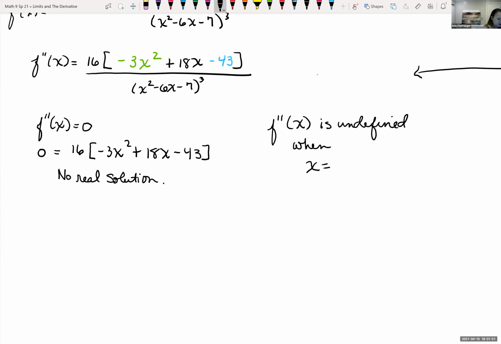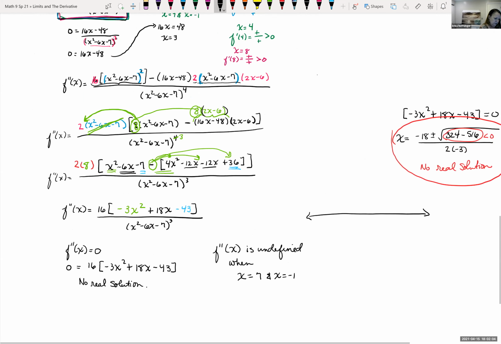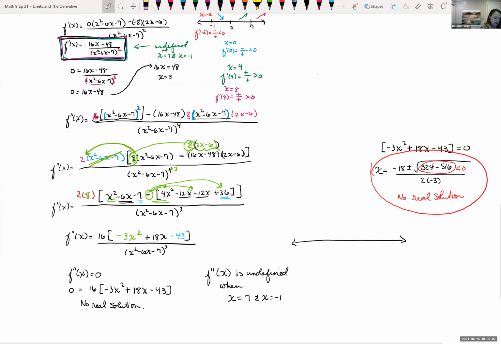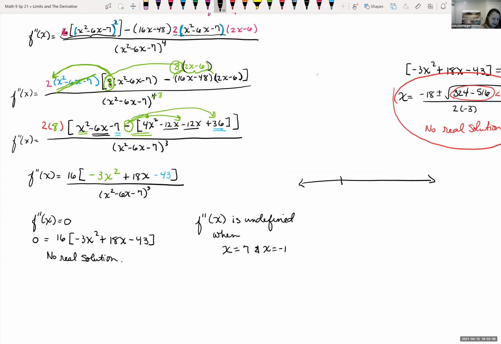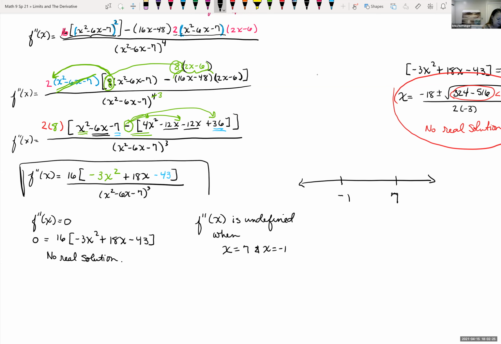So when x was equal to 7 and -1. So on the number line, we would place those down. And we just want to test concavity, concave up or concave down. So we're plugging into the second derivative, and we're seeing, is it positive or negative?